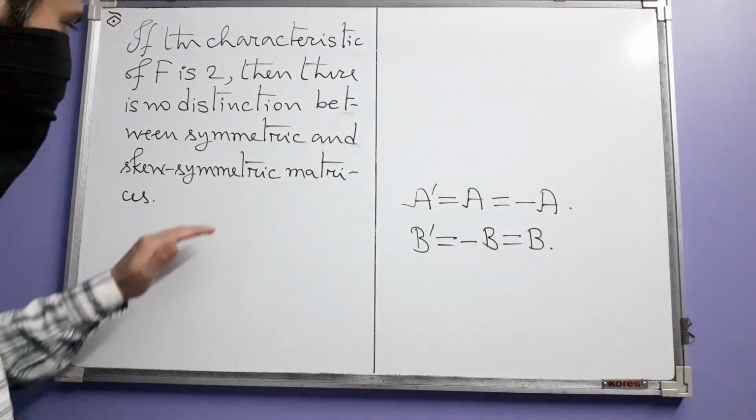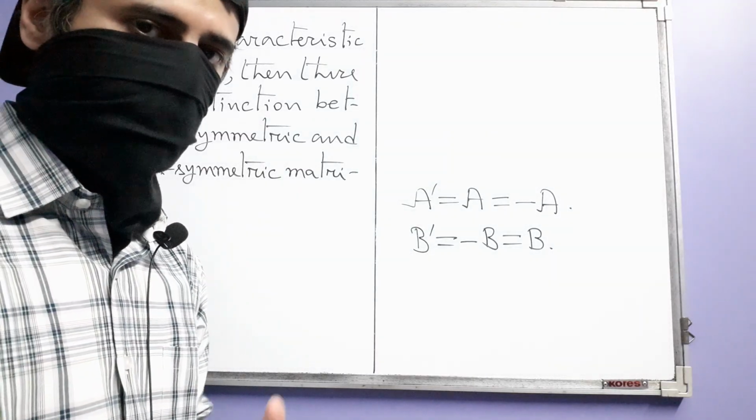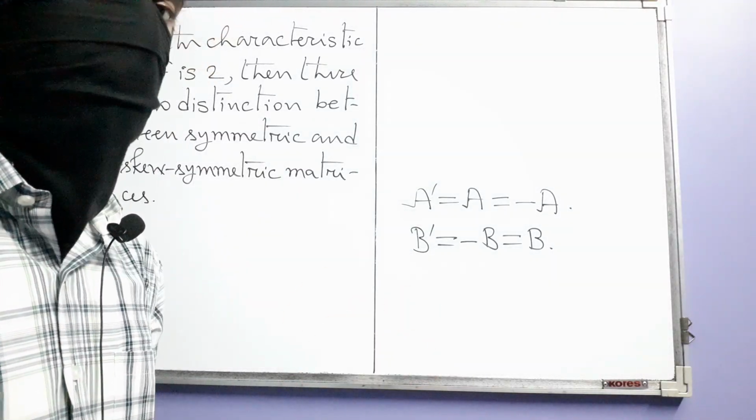And because of this, in the remainder of this section, we are going to assume that our field does not have characteristic 2.